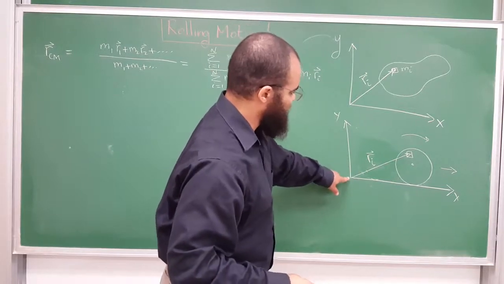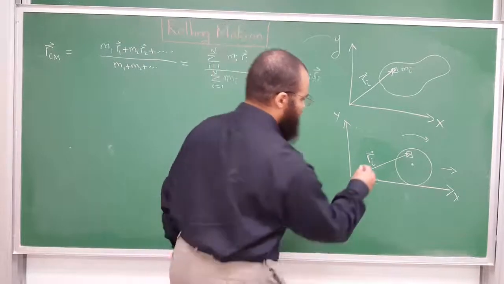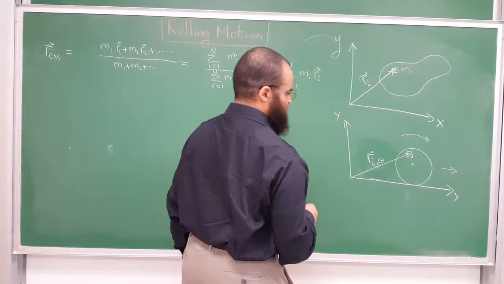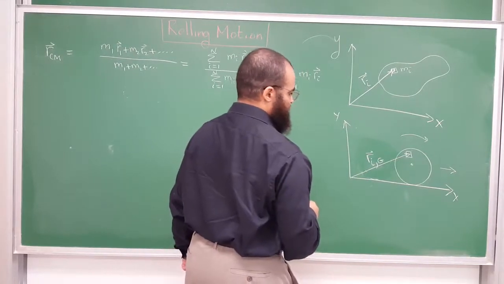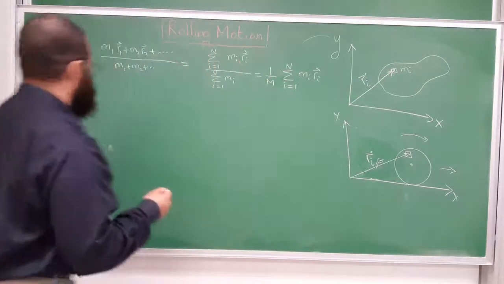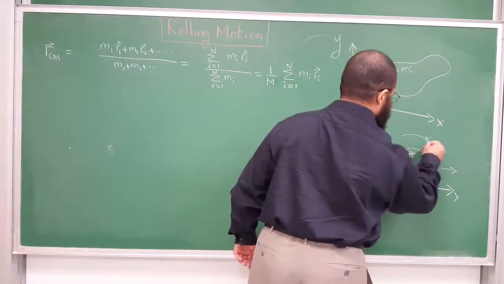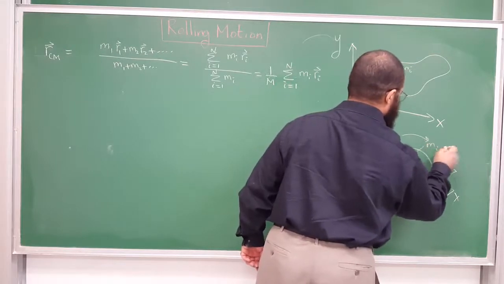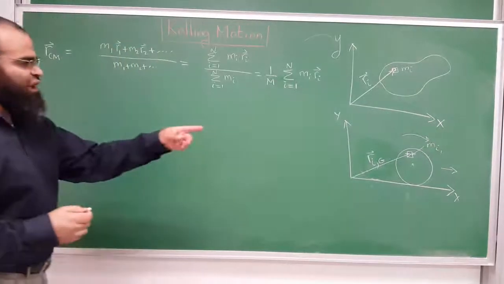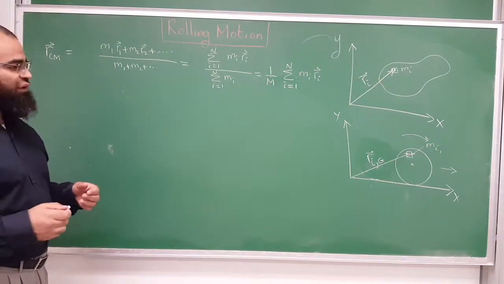The position of this mass relative to the ground, I'll put here ground, ri relative to the ground, and so the velocity of i, so the position of this mass mi here. What's the position of mi relative to the ground? It is just ri relative to the ground.